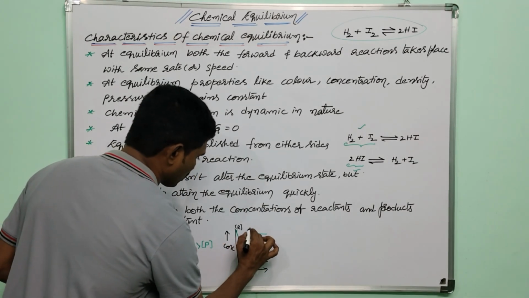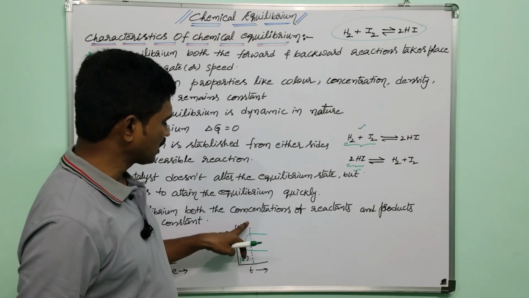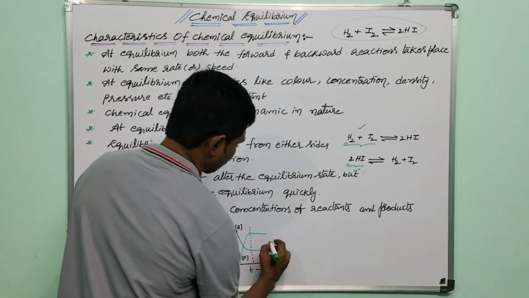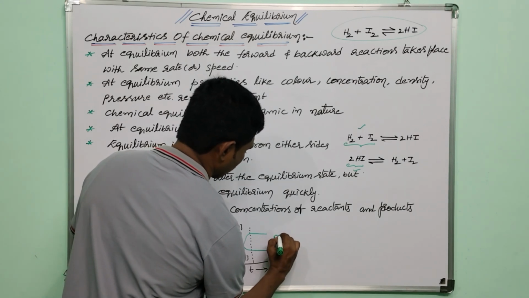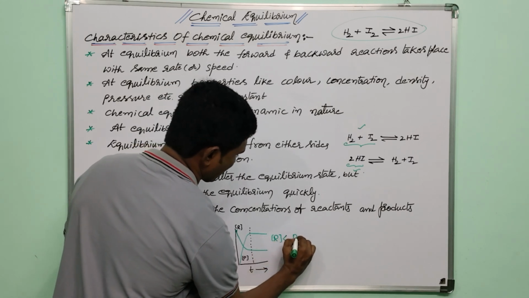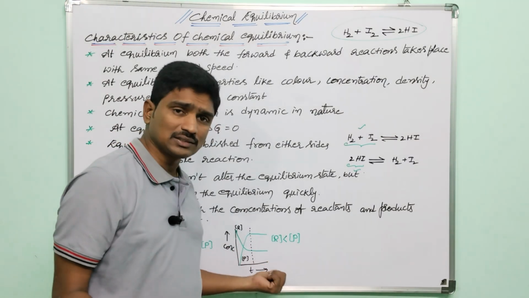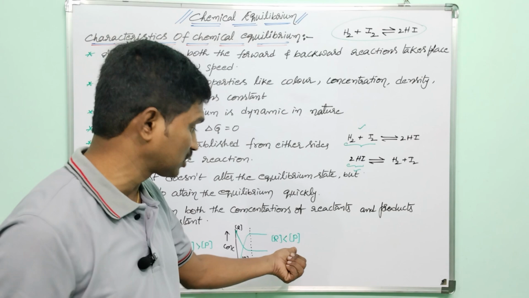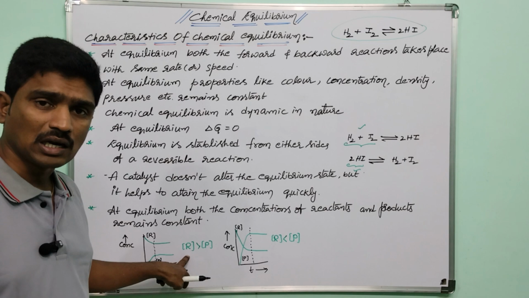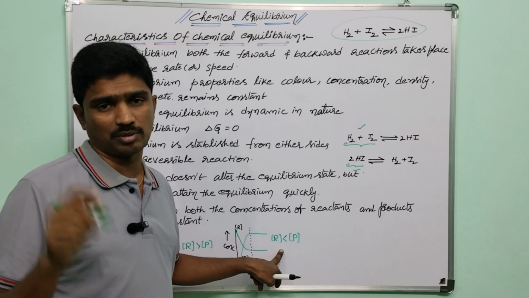But after some time, both of the concentrations remain constant. That is the state at which an equilibrium is established. This graph indicates the concentration of reactant at equilibrium is lesser than the concentration of products. Sometimes for some chemical reactions, the concentration of reactant may be greater, and for some chemical reactions, the concentration of product may be greater.